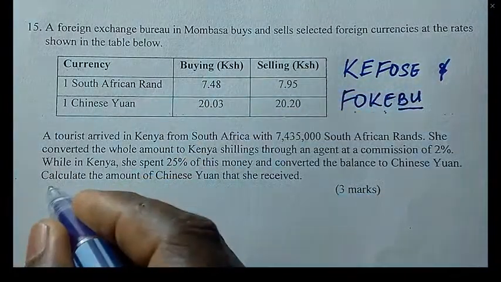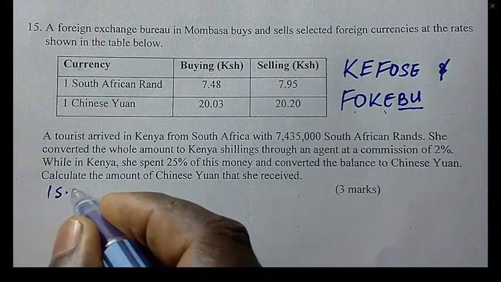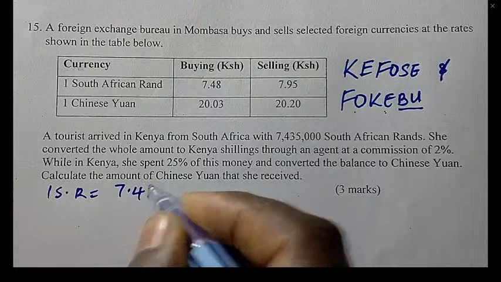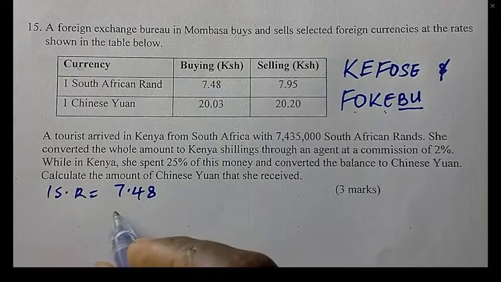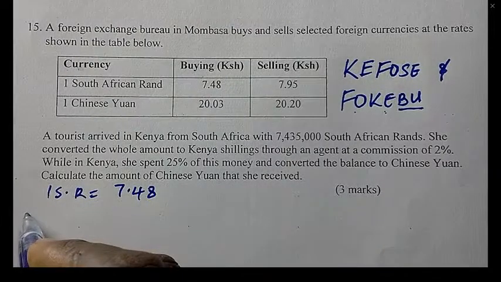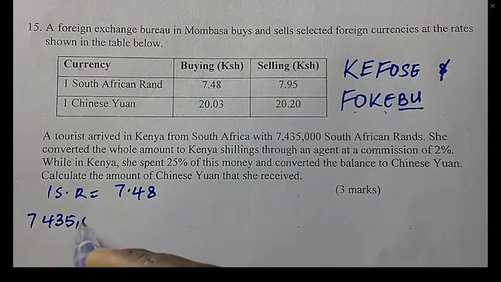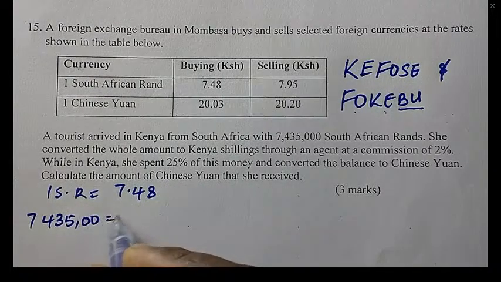So we are going to say 1 South African rand is equal to 7.48. We want to know 7,435 rands will be how many Kenya shillings?